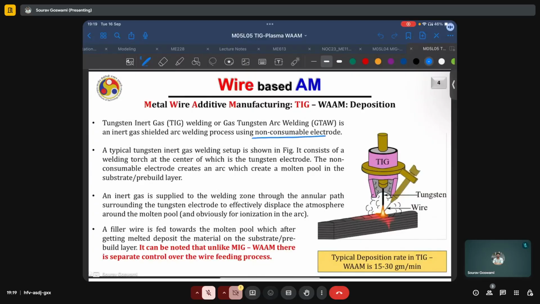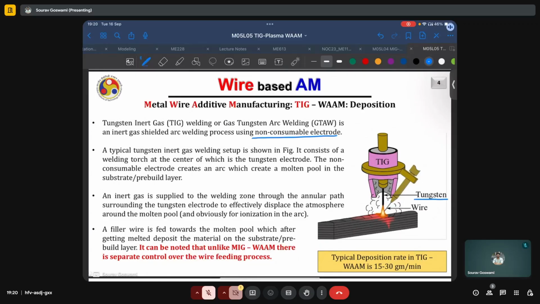This is the primary difference between TIG and MIG. In MIG, the wire itself was the electrode, which was also getting consumed during the process. A typical tungsten inert gas welding setup is shown in the figure to the right, consisting of a welding torch at the center of which is this tungsten electrode shown in black.